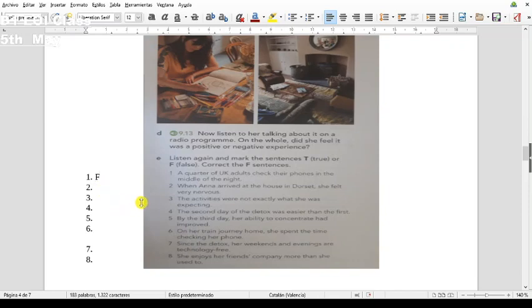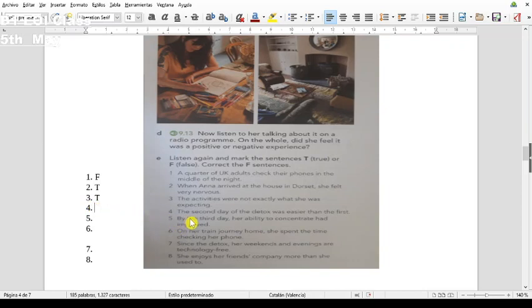Number 2. When Anne arrived at the house in Dorset, she felt very nervous. Yeah, panicky, a little cut off. Number 3. The activities were not exactly what she was expecting. Yeah, she didn't expect to do these kind of things in the countryside.